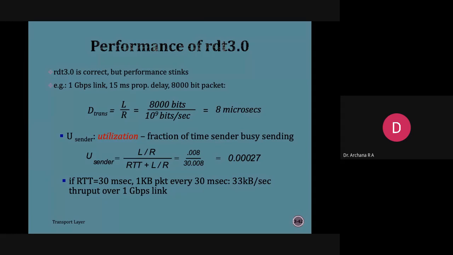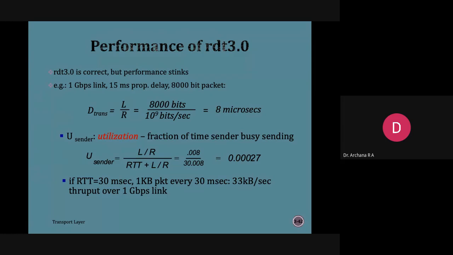If 100% of the time is reserved for a sender, only that tiny fraction of the time will be utilized for sending one packet. So what it indicates, in terms of throughput, is that only 267 kilobits per second will be utilized out of 1 gigabit per second.